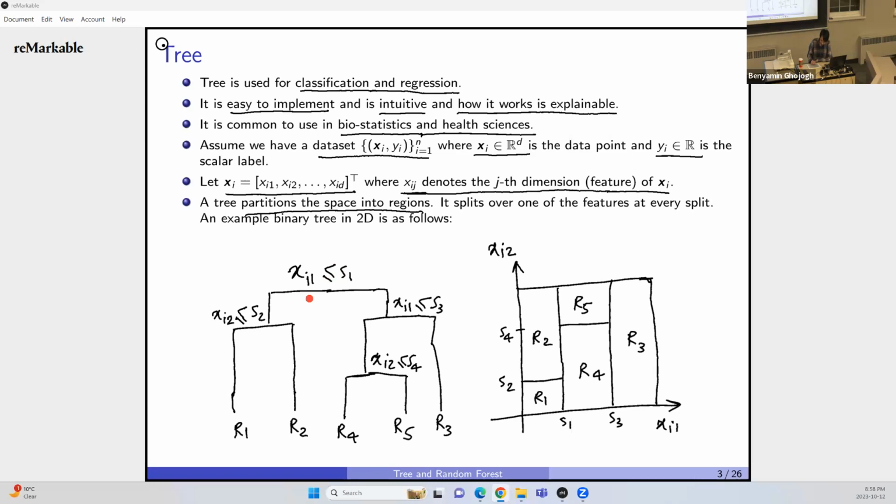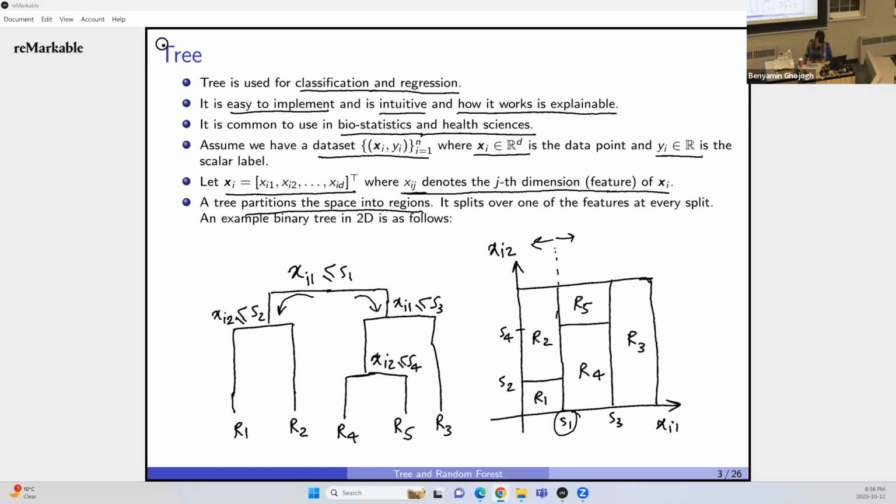If it is less than S1, come here. If it is greater than S1, come here, right? So as you see, I have S1. This is the threshold. Here, go to the left or go to the right. So I'm partitioning the space, right? Now let's go to the left, for example, meaning that xi1 is less than S1.